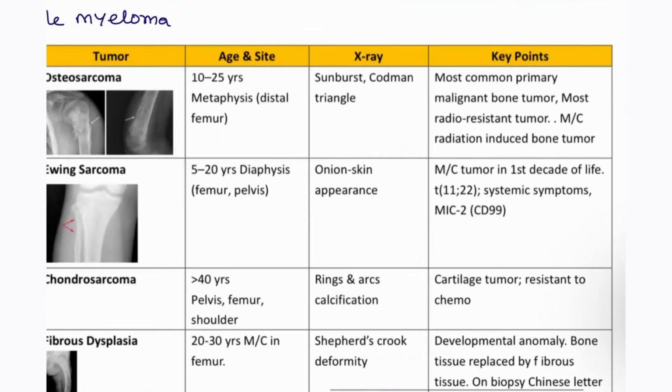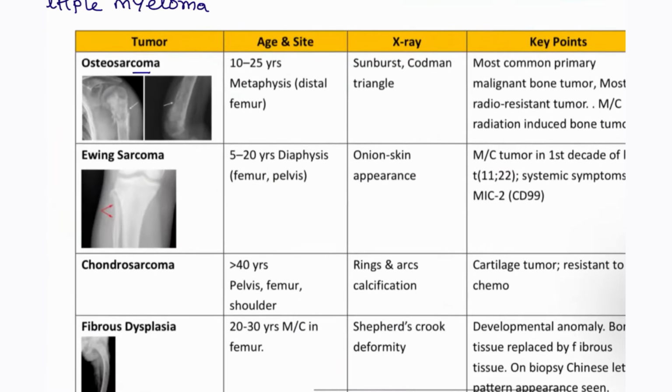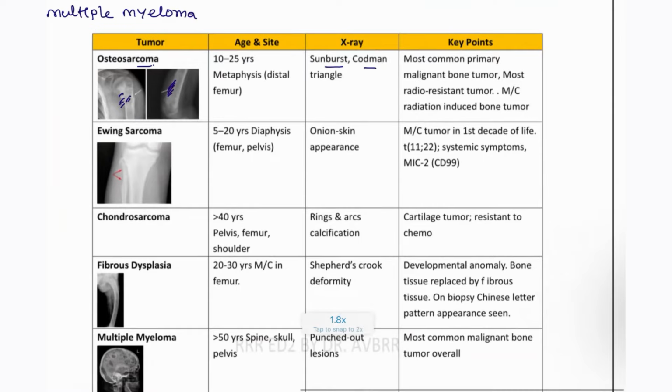Next, moving on to the malignancy types, osteosarcoma. This is going to cause a sunburst and Codman's triangle. Here you can see sunburst or Codman's triangle you are going to see. Most common primary malignant tumor and radio resistant tumor also. Ewing sarcoma, onion skin appearance associated with the 11;22 translocation and CD99 gene.